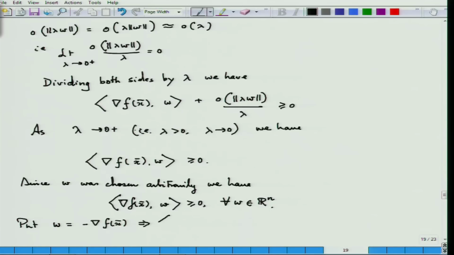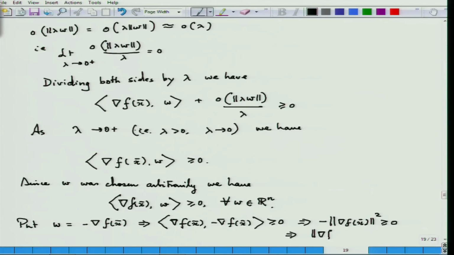So, this would imply from this condition that grad f of x bar transpose times minus grad f of x bar is greater than or equal to 0, which would imply minus of norm of grad f x bar squared, because I take the minus outside and the inner product of a vector with itself is nothing but square of its norm, is greater than or equal to 0, which would imply that the norm squared is less than or equal to 0. But this is a length.